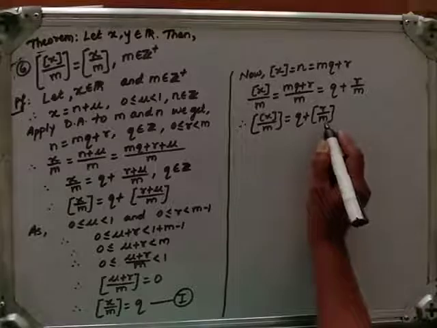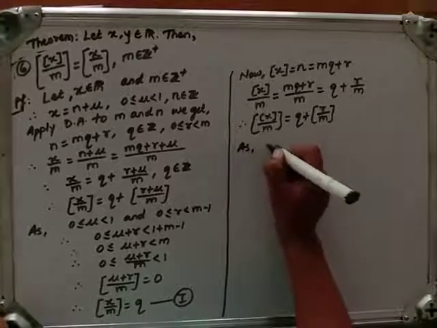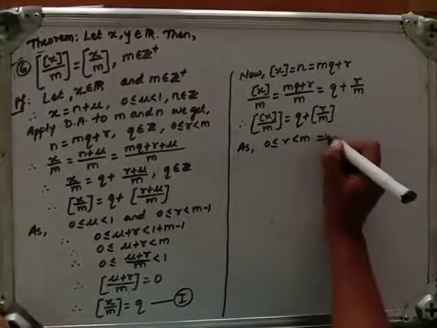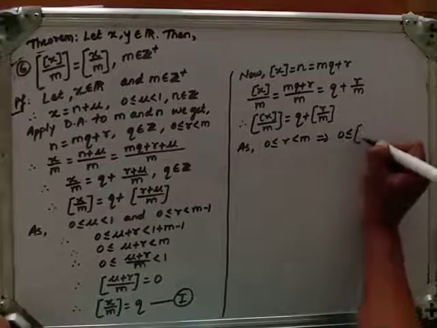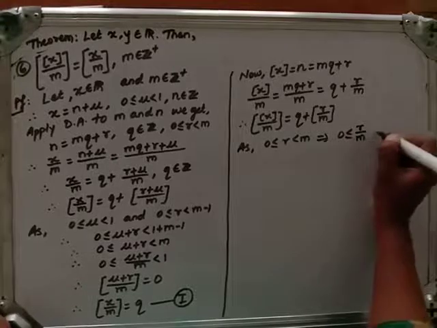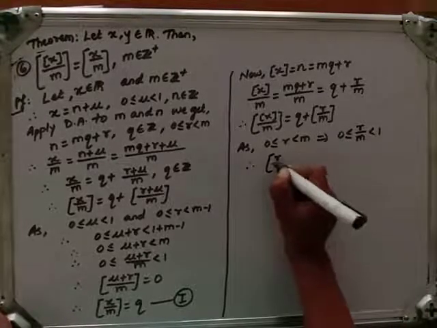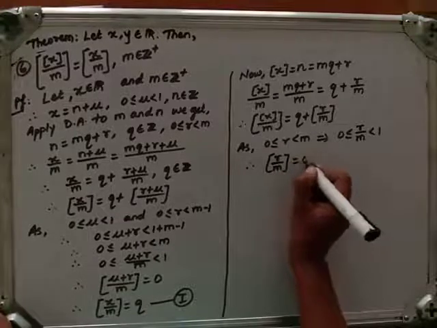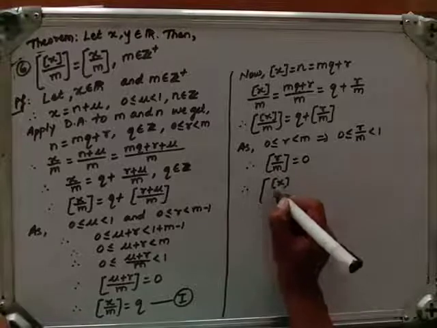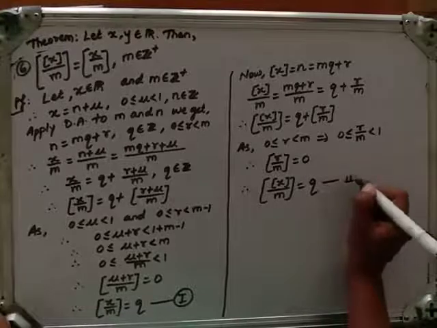Now our aim is to determine the greatest integer function of r upon m. As 0 less equal r less than m, this gives 0 less equal r upon m is less than what? 1. Therefore, the greatest integer function of r upon m will become 0. Hence, the greatest integer function of this upon m is also q. Call it equation number 2.